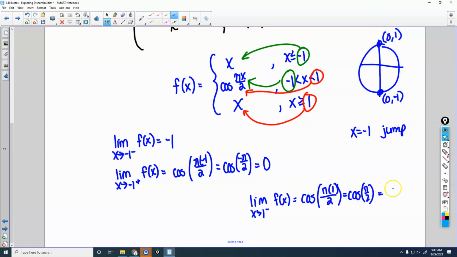What does that equal? 0. And then if I do the limit as x approaches 1 from the right of f of x, that would be the bottom function. So I'm just plugging in for x, and I would get 1. These two don't match either, so at x equals 1, I would have another jump in the graph.